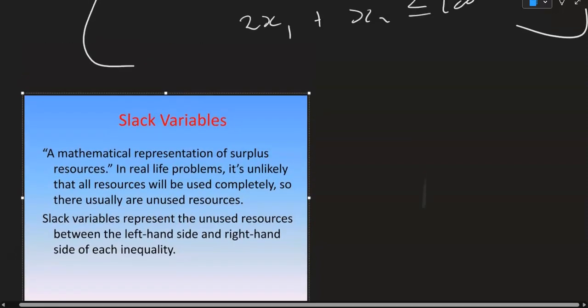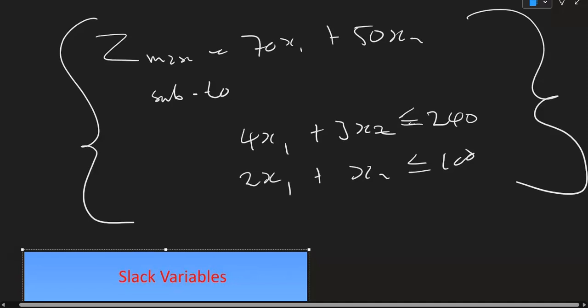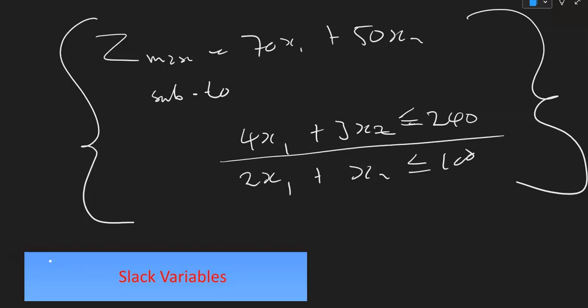Now, when you're dealing with an equation like this particular one, where you have 4x1 plus 3x2 is less than or equal to 240, what this equation is implying is that this particular combination of variables is going to consume either exactly the entire 240 on the right hand side, or something less than 240.